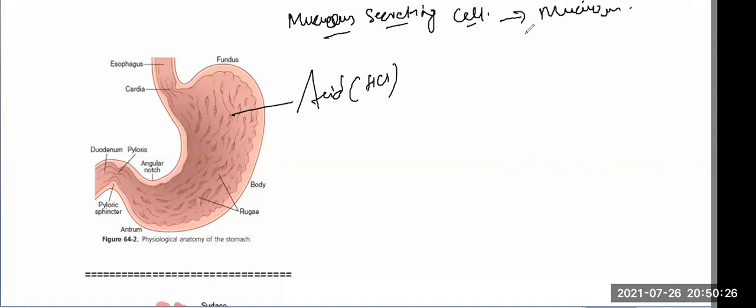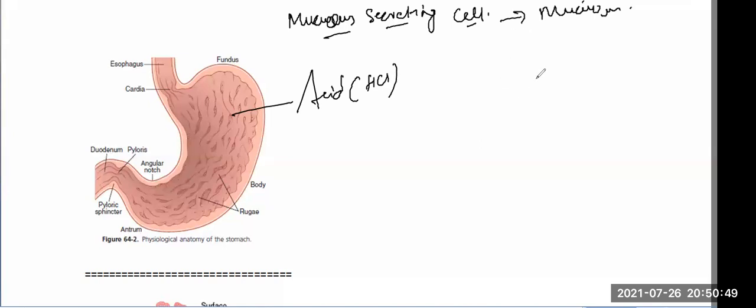So the moment your stomach detects any food, it will start secreting mucus. And mainly all the secretions, the gastric secretion, is when the food is present in the stomach. Due to the presence of food only, your gastric secretions will start.